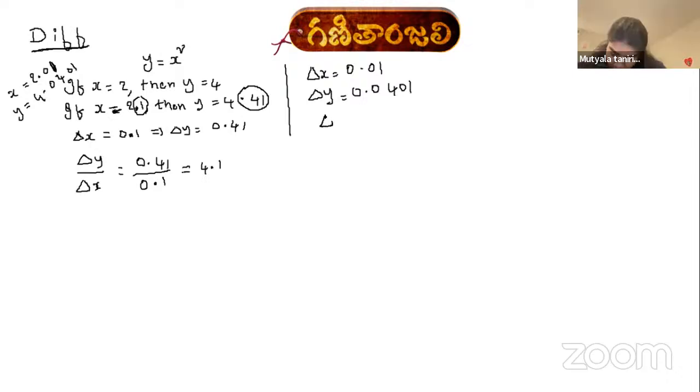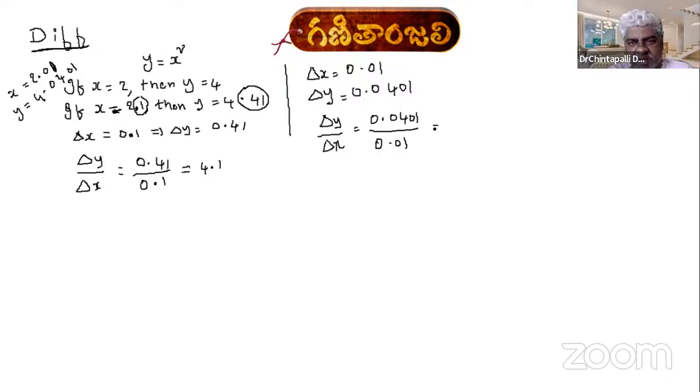What is delta y by delta x? 0.0401 divided by 0.01 is 4.01. Here, what is the value of delta y by delta x? 4.01.